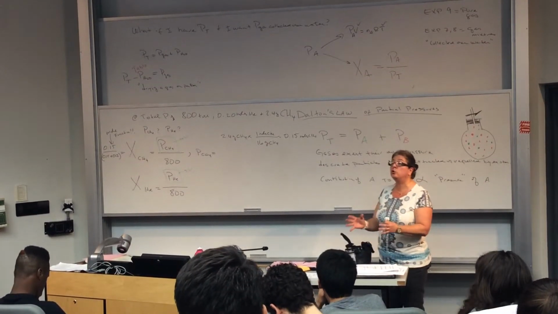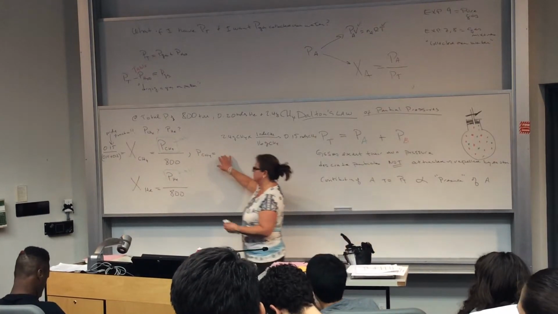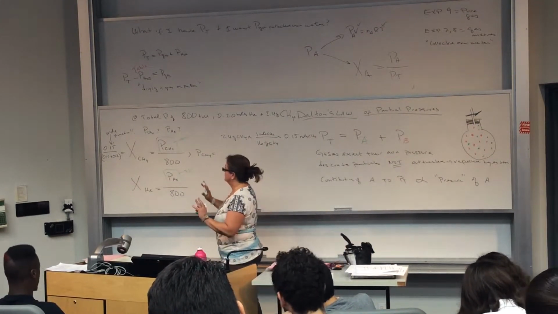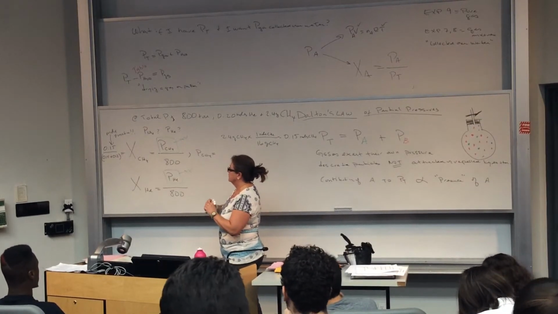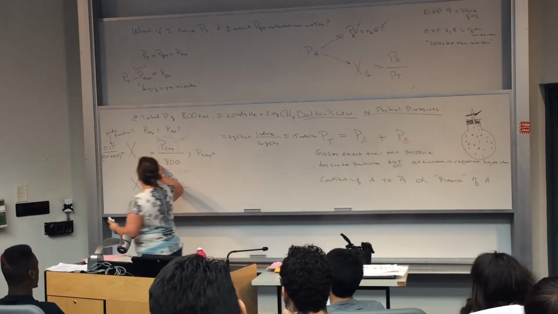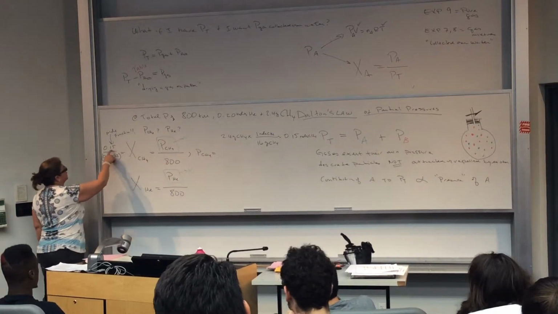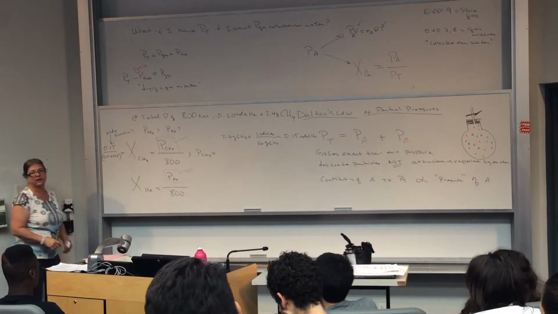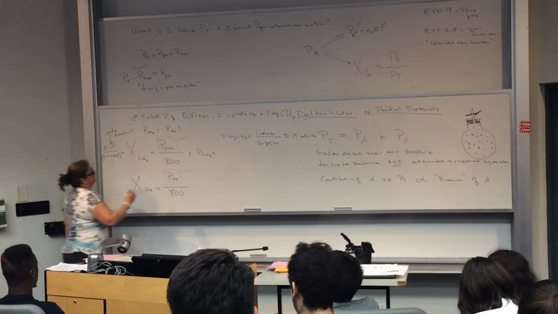You guys are taking too long already. How much is it? 143. Okay, let's go back to this. How much is 0.15 divided by 0.35? 0.428.